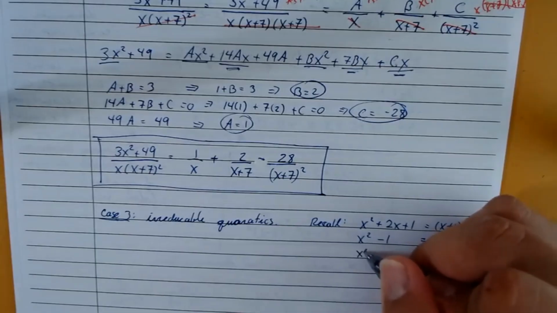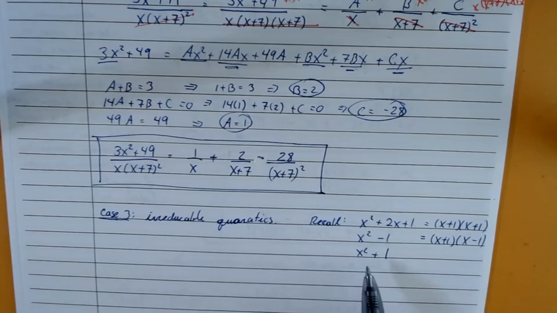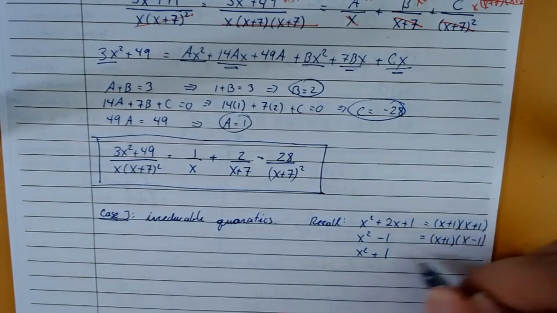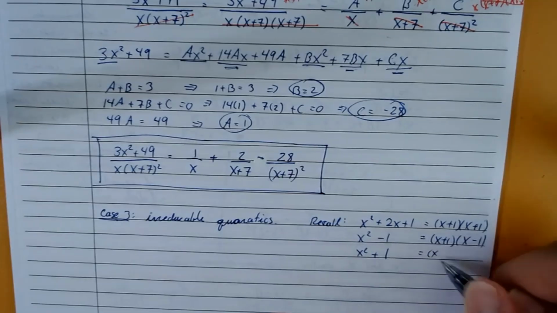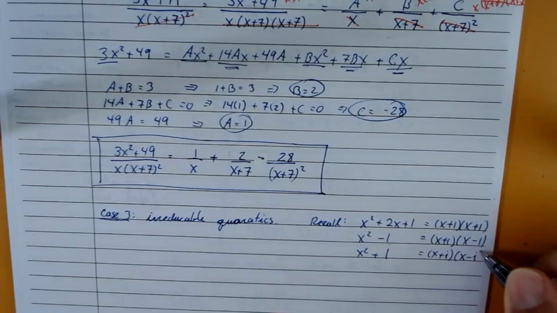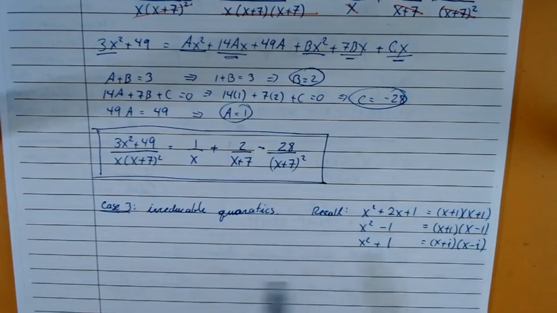However, you may remember something like this, where the only way to factor this was to use a complex zero. Have a complex value in your factors. Because, of course, the zeros of this are complex numbers. So can you factor that? Sure, but it factors as x plus i times x minus i, which is not something we're prepared to deal with.